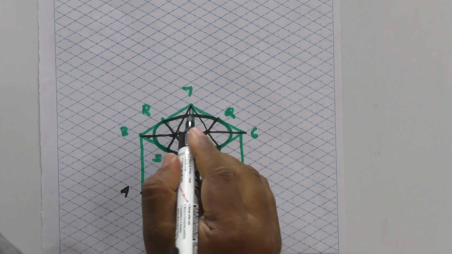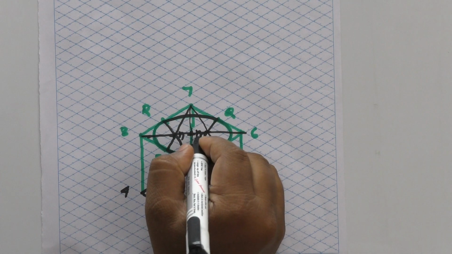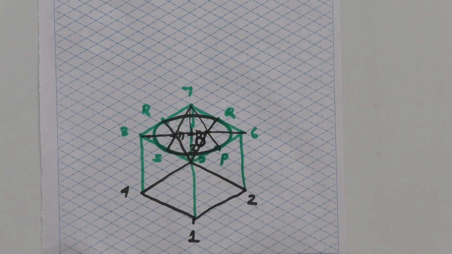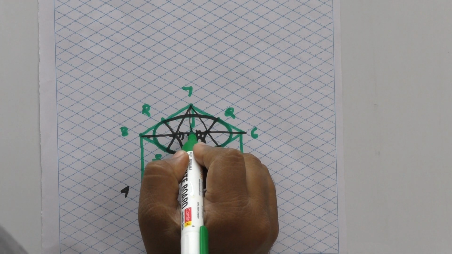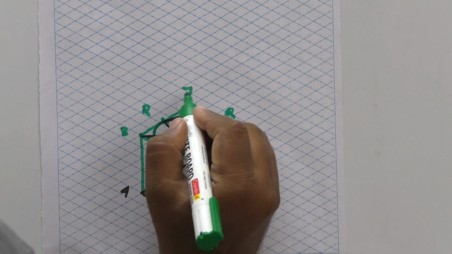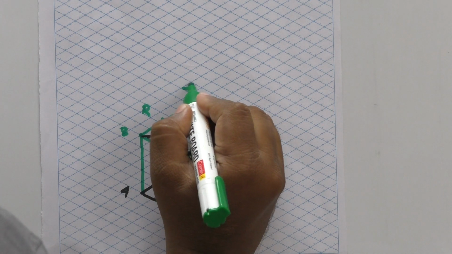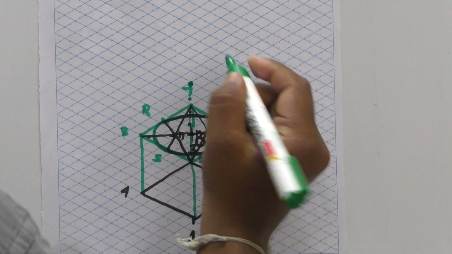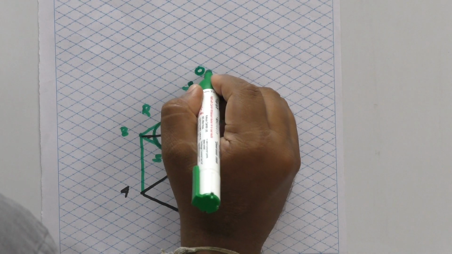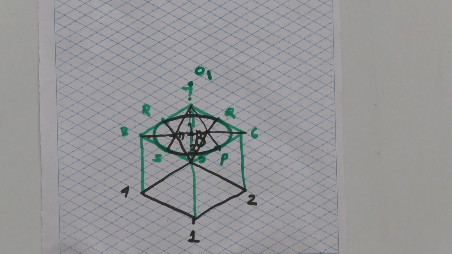The intersection of these becomes the center, and I will call this O, the center of the top face of the cube. Next, with respect to this O, take the height of the cone, 40 millimeters, so measure 4 units, 1, 2, 3 and 4. This is the apex of the cone. I will call this O1. O1 is the apex of the cone.